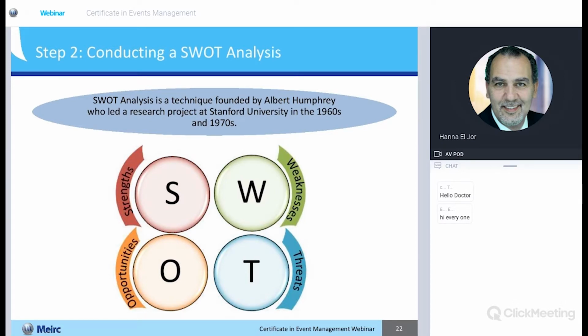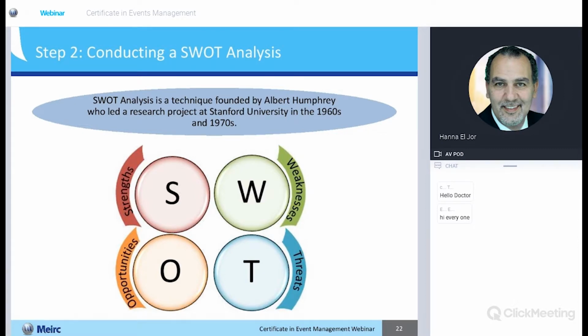Third is the O for opportunities. What can we get? How can we benefit? How can we utilize the opportunities that we may have? And the fourth item is the T in SWOT, and it stands for threats. Usually people will look at it vertically, and they say S and W are internal factors.